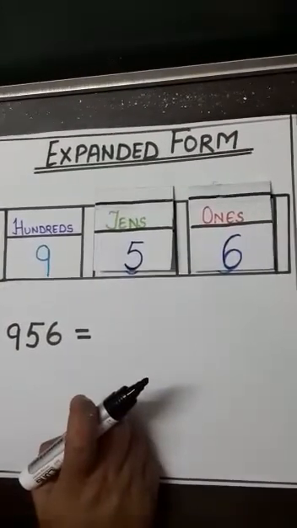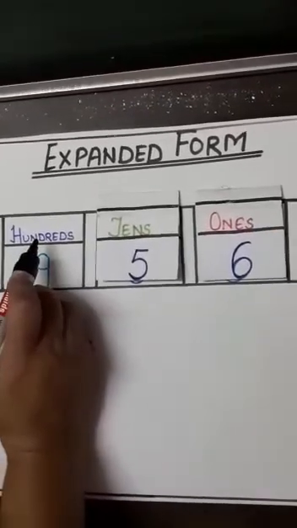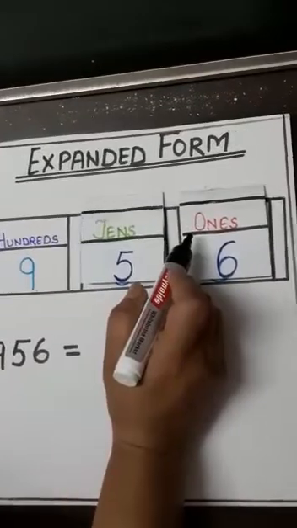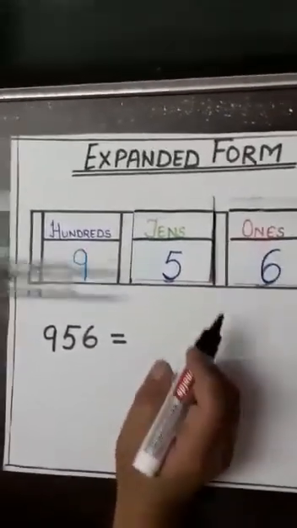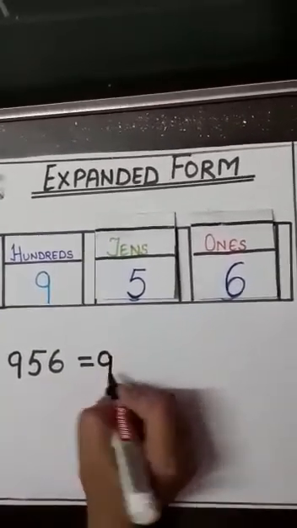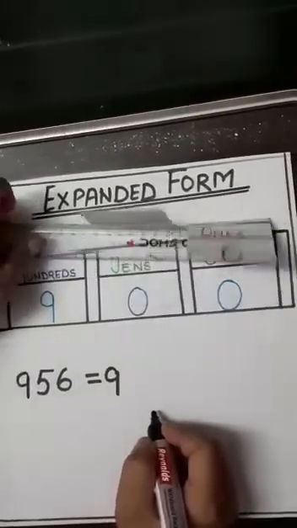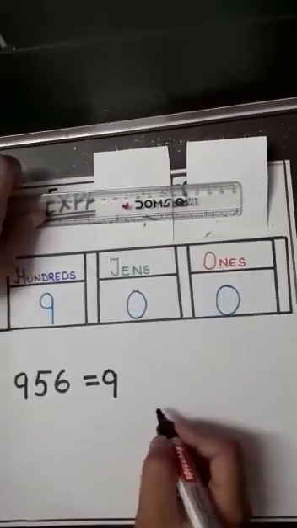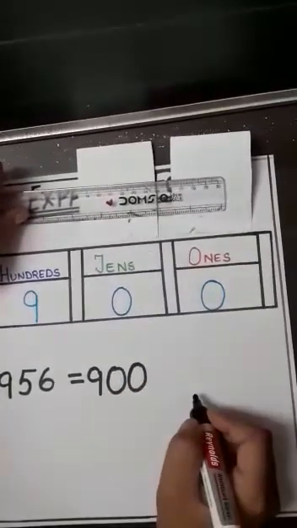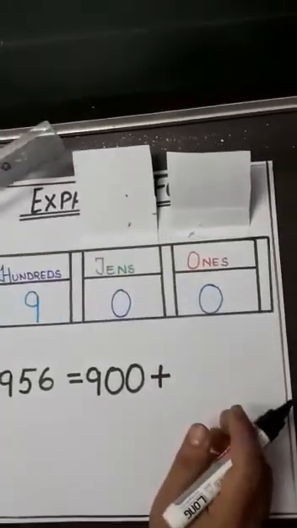For this, first of all, we will write 9. It is on hundreds place, then tens place, then ones place. Now, how many zeros are there in 9 hundreds? There are 2 zeros. So we can write 9 hundreds as 900.